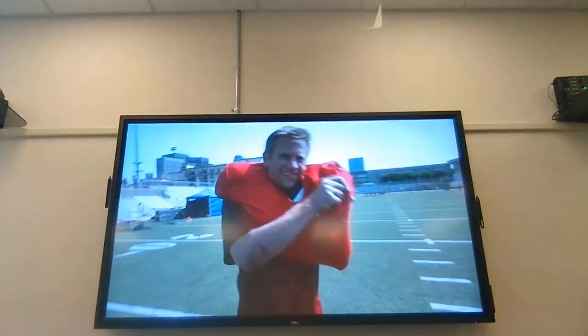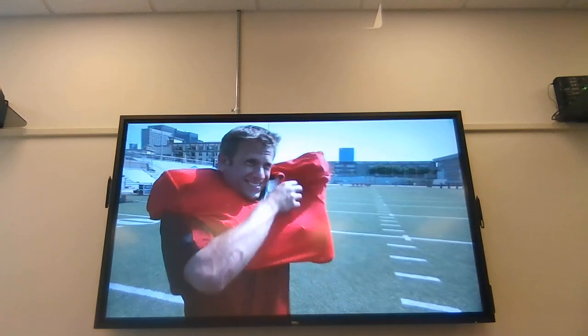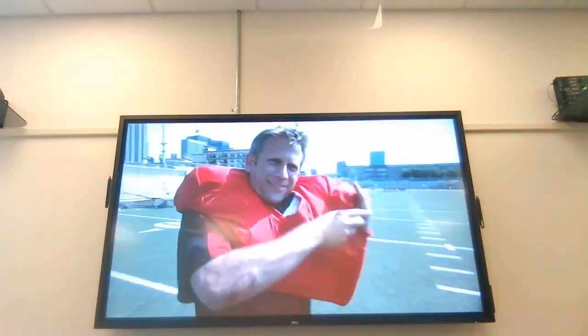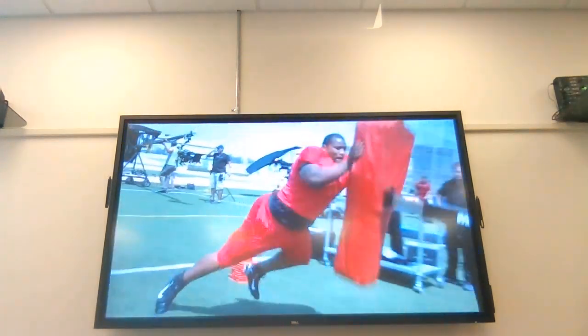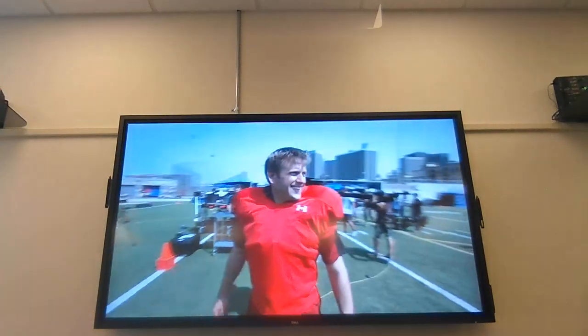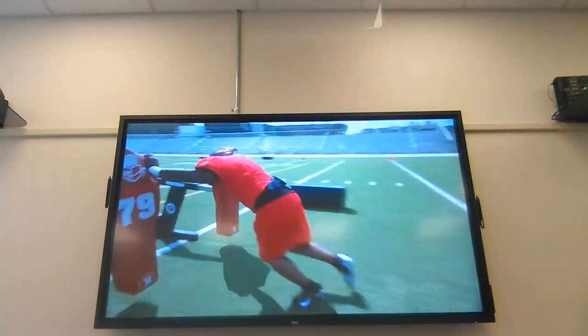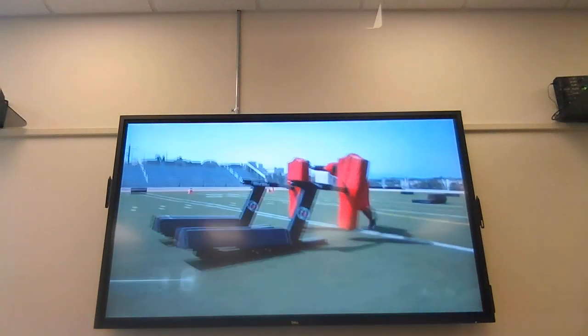While our host struggles with the incredibly difficult task of putting on a jersey, Chris does some simple warm-up exercises. That guy is a beast. He's pushing the two-man sled all by himself, just like it's nothing.